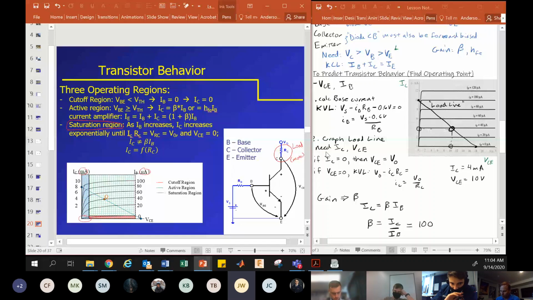And if that's really big, then VB is going to have to be really big too. That's a good thought. That's not why. Okay. What is the purpose of this transistor in the way we're going to use it in our engineering designs? What are we going to use this for? To increase current. Well, amplify current.